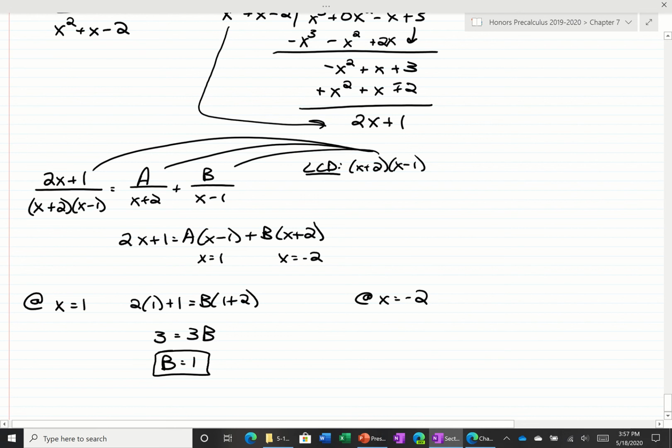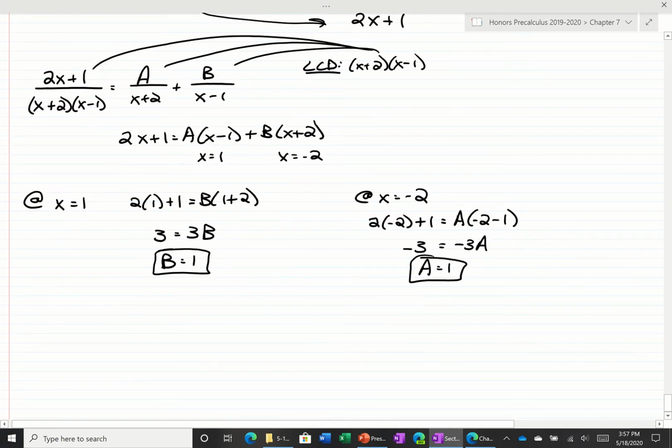And if we plug in negative 2, we'll get 2 times negative 2 plus 1 is equal to A times negative 2 minus 1. And then that's going to be 0. So we'll get negative 4 plus 1 is negative 3 equals negative 3A. So A would be 1.